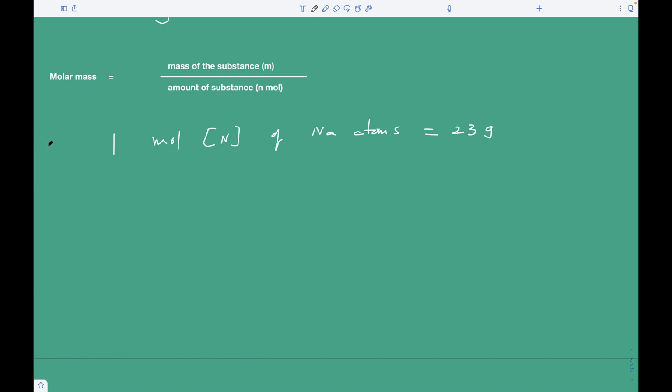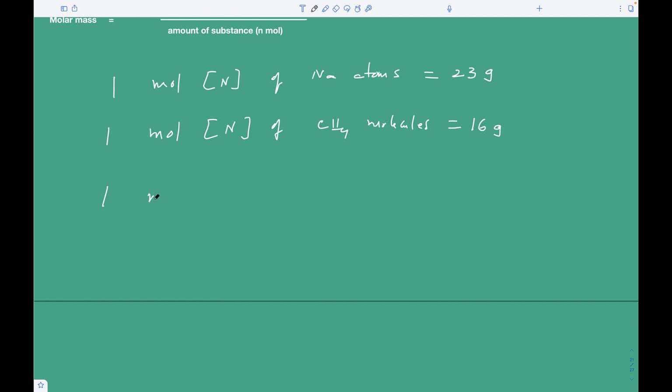Similarly, if you take 1 mole or an Avogadro's number of methane molecules, then the total mass of these many methane molecules would be equal to its molecular weight or relative molecular mass in grams. So mass of 1 mole of methane molecules will be 16 grams.